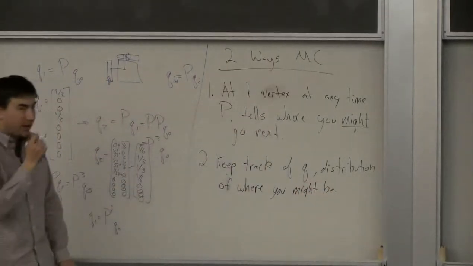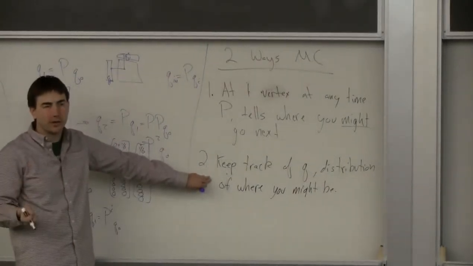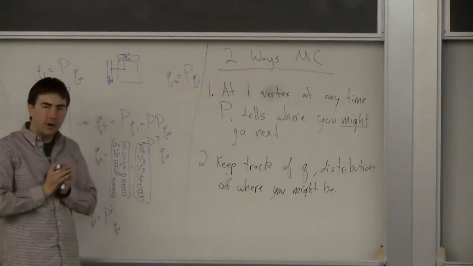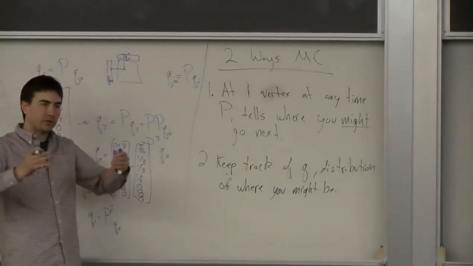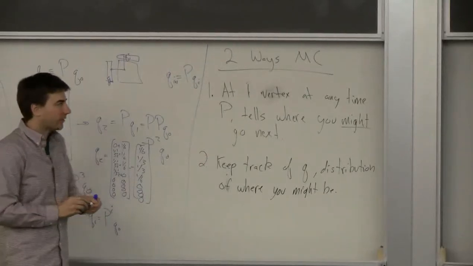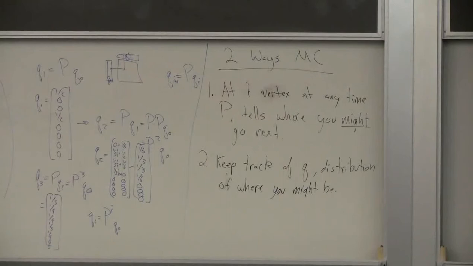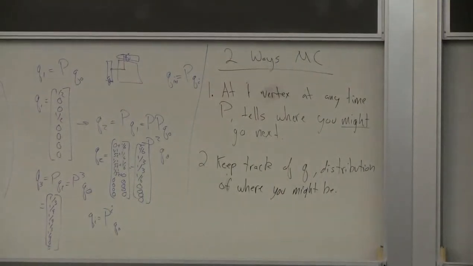So this is saying, I don't care which of the states I'm actually in when I do this random walk. But I want to keep track of where I might be and see how this probability spreads out. So I started being in the state B, and then I could have been in state A or D, then I could have been in A, B, C, or D, then maybe I could have also been E. And as I get this Q3, this is the picture I was painting here, the second view. And these are different.